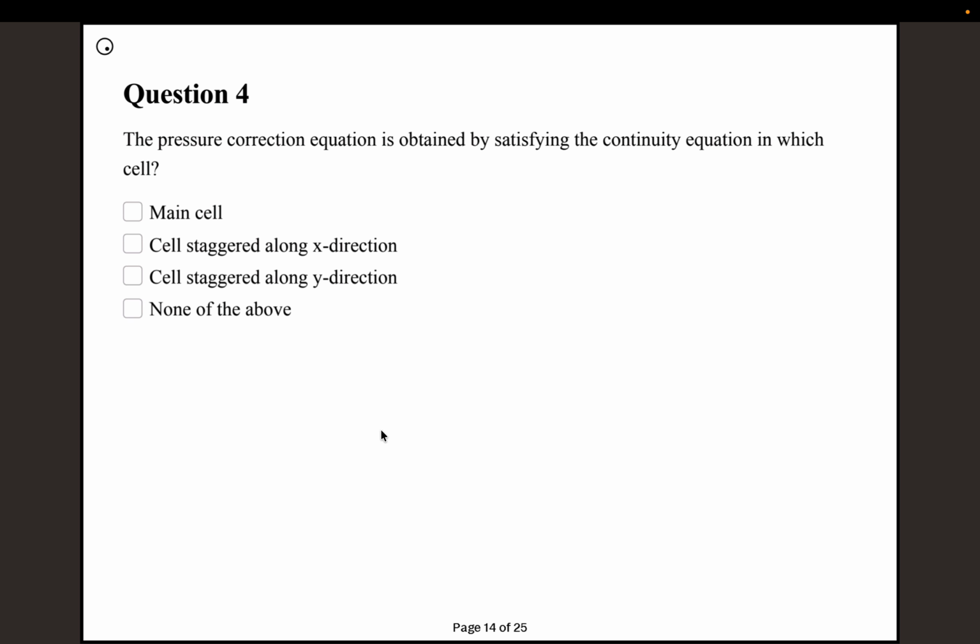Okay. The pressure correction equation is obtained by satisfying the continuity equation in which cells? At the cell center. The continuity equation is always solved at cell centers because your velocities are aligned perfectly so that you can easily do your u_x plus v_y.